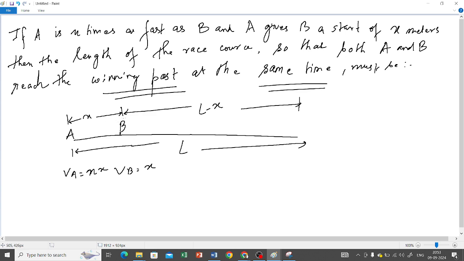What is the time taken by B to reach the finishing point? Tell me the expression.